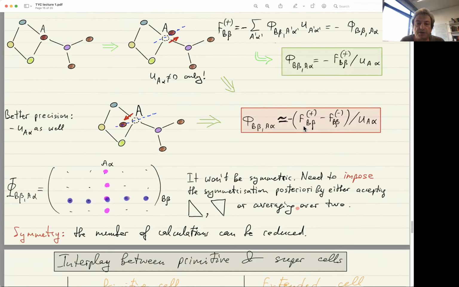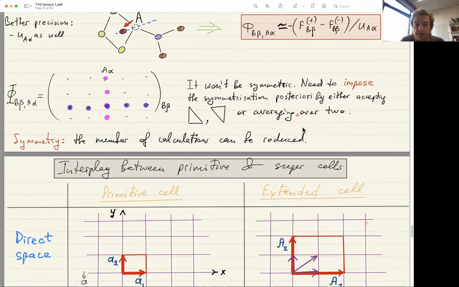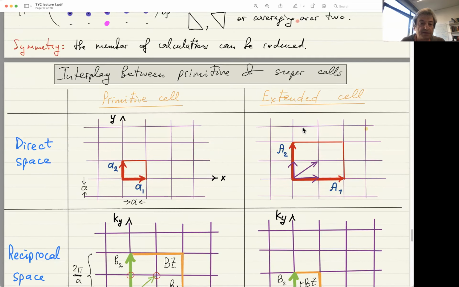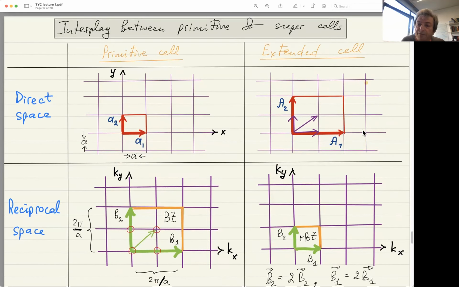It's a similar analogy to the k vectors in the reciprocal space, where you can write any k vector as a proper reciprocal translation plus a vector k from the first Brillouin zone. All right, so if we have this extended cell, we have these big translations and internal translations. The Brillouin zone is actually a reduced Brillouin zone. The Brillouin zone is 4 times smaller. So before we had the Brillouin zone like this, now we have a 4 times smaller Brillouin zone here.